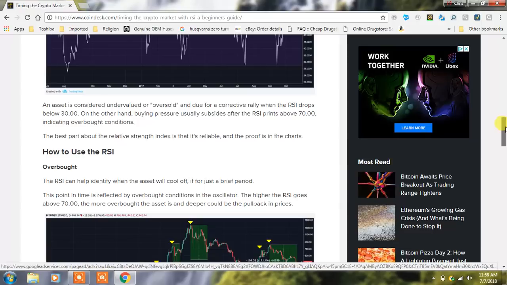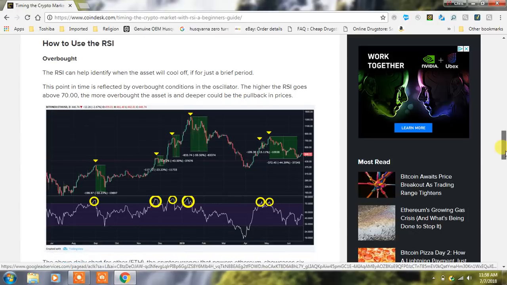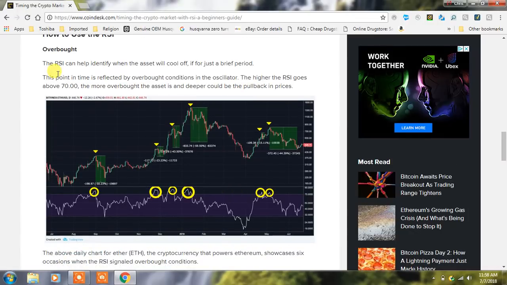And then it goes on to say an asset is considered undervalued or oversold and due for a corrective rally when the RSI drops below 30. So this is just going on to say the 30 and the 70, like we were just talking about. And then the overbought too, guys, this is something you've got to realize. The RSI can help identify when an asset will cool off, if just for a brief period. So sometimes the RSI just has to cool off with a slight little pullback.